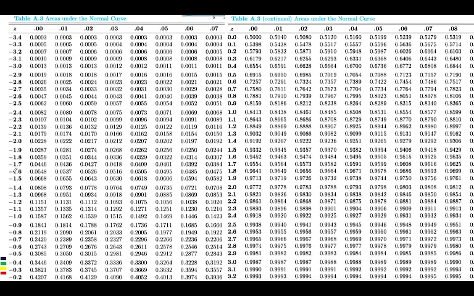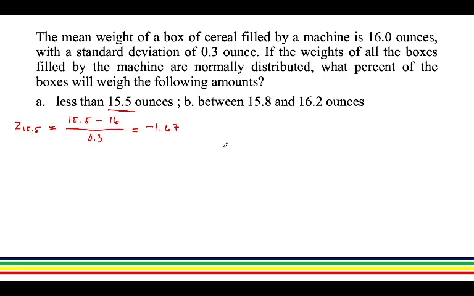So to get the area left of it, we have to refer to the table. That's negative 1.67 right here is equivalent to 0.0475. So the probability that the value of z is less than negative 1.67 is again equivalent to 0.0475.